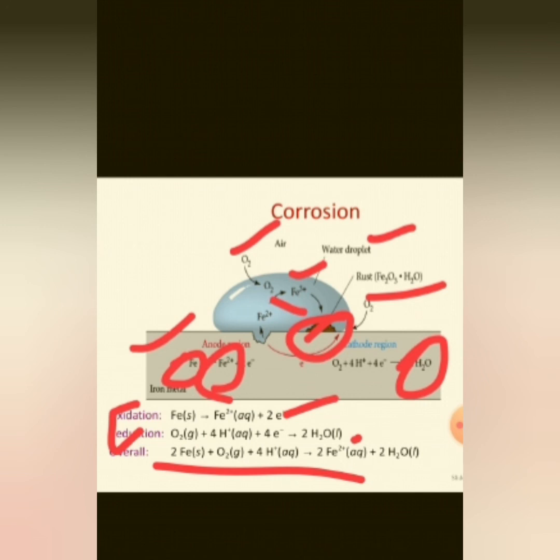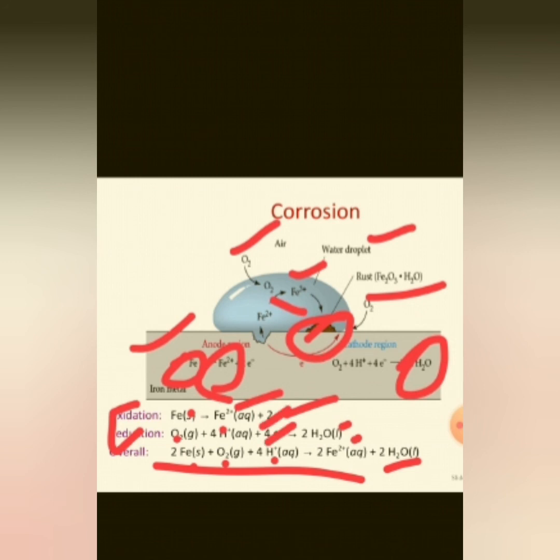Fe solid plus O2 plus 4H+ gives 2Fe2+ plus 2H2O. The 2 electrons and 4 electrons cancel each other.